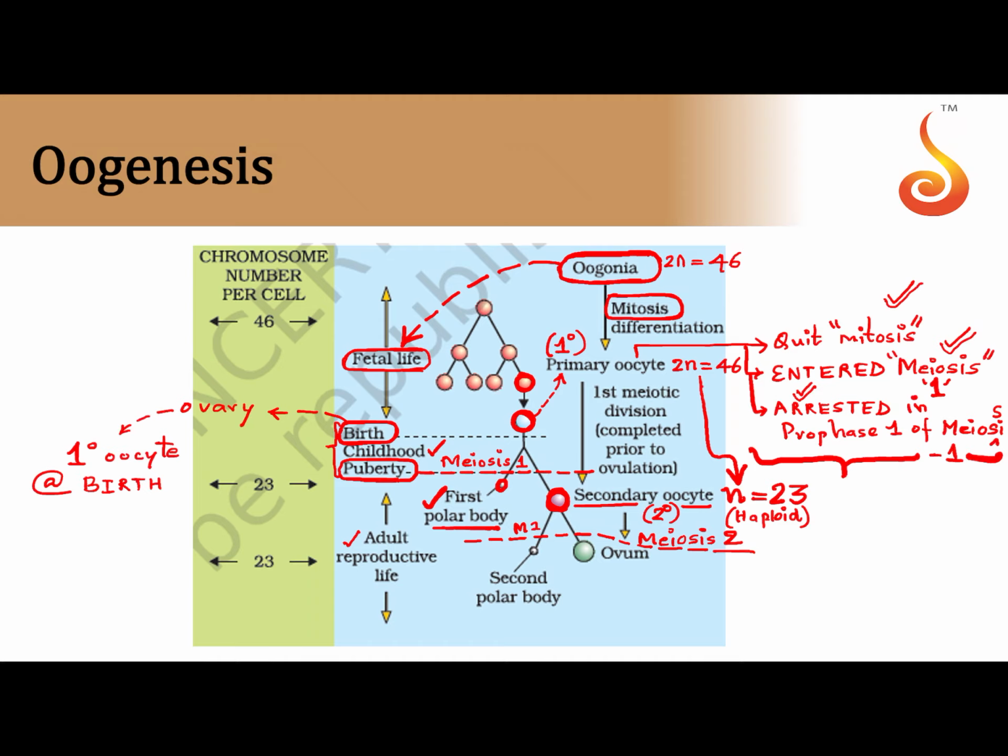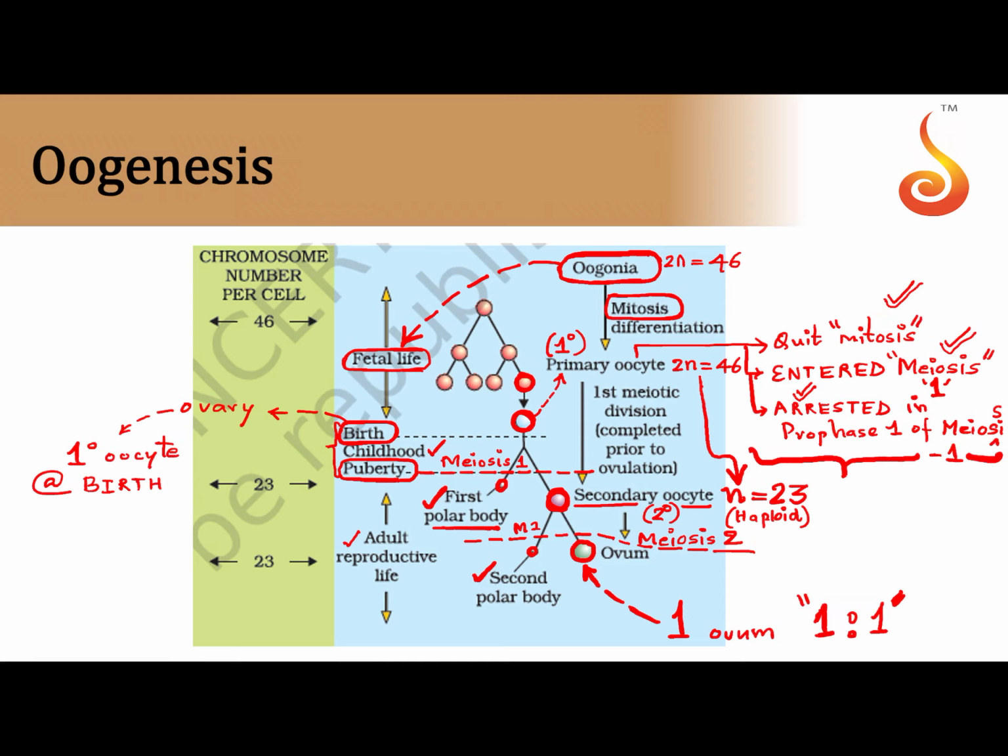It will complete its meiosis 2 to form two daughter cells. One of the daughter cells is again a tiny cell, now called the second polar body. The other daughter cell is what we are interested in. It is the functional ovum. So we have one functional ovum obtained starting from one primary oocyte and one oogonial cell in the beginning. So the ratio here, as opposed to spermatogenesis, is 1:1.